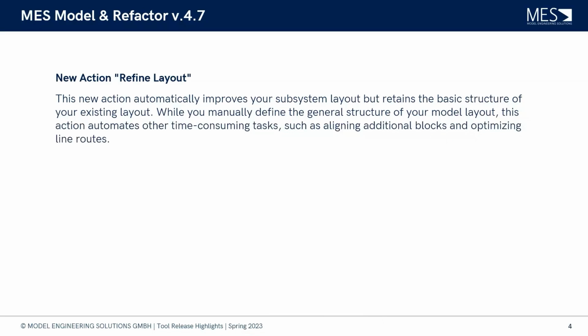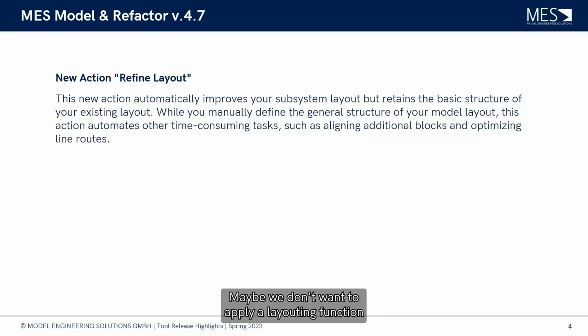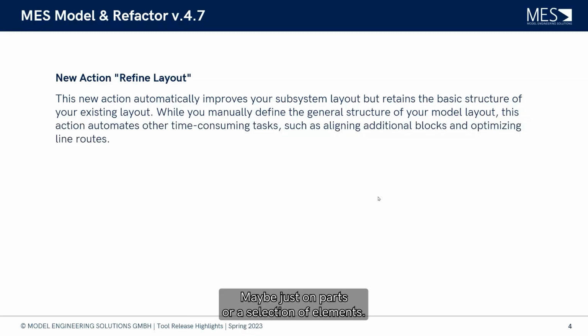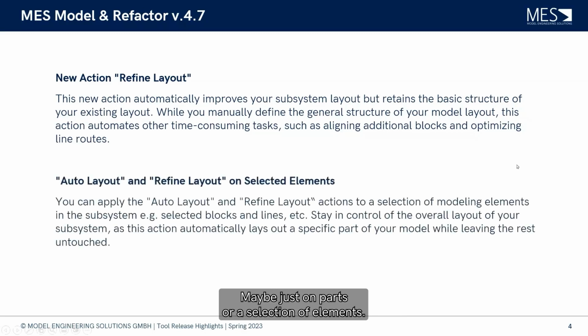And speaking of, maybe we don't want to actually apply layouting functionality on the whole subsystem, so maybe just on parts of it, on the selection of elements, then this is one of the other news that you are going to show us, right? How we can apply refine layout and also the auto layouter functionality on selections.